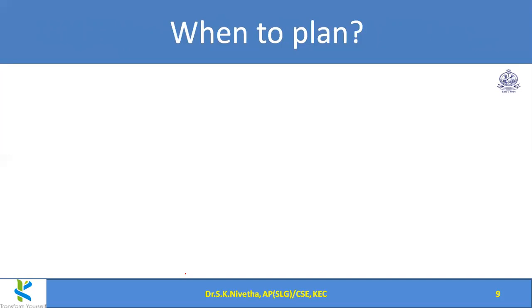So when do we plan? When to plan? This is an ongoing process of refinement, like planning is not one time. We have to plan whenever it is required. Further we can refine the plan, and accordingly we can adjust the schedules.